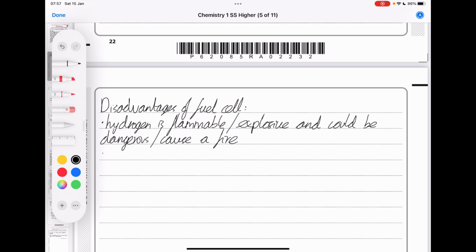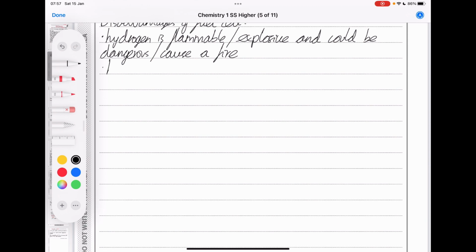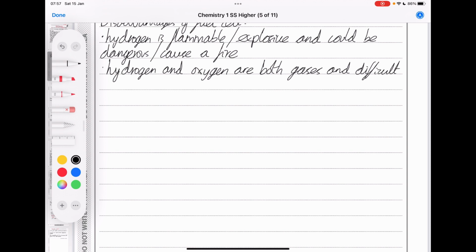Other disadvantages is that hydrogen and oxygen are both gases, and are therefore difficult to store, because the gases need to be compressed, which requires energy. They also need to be trapped.